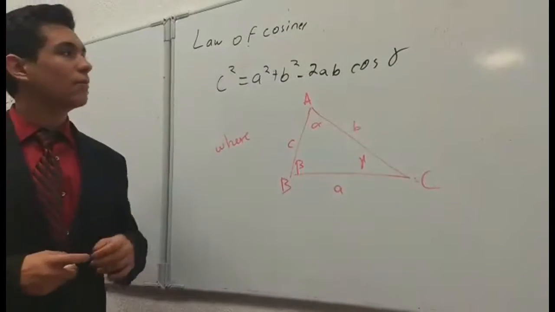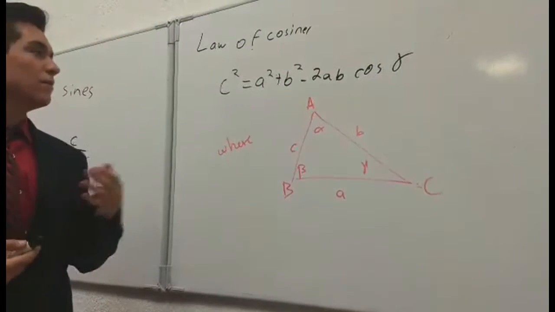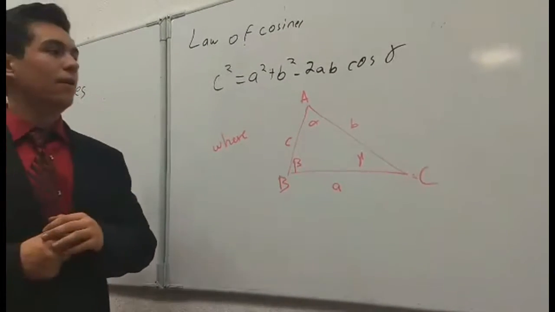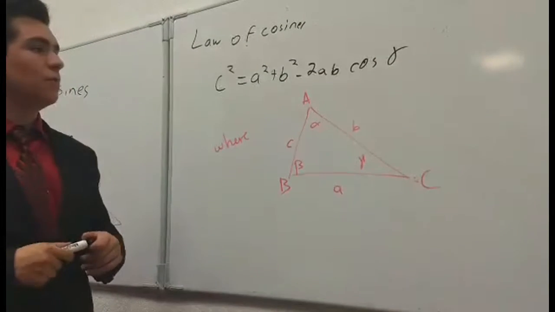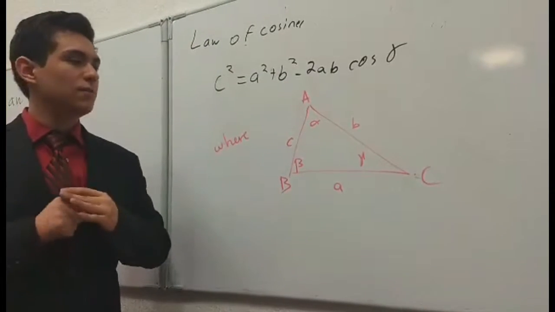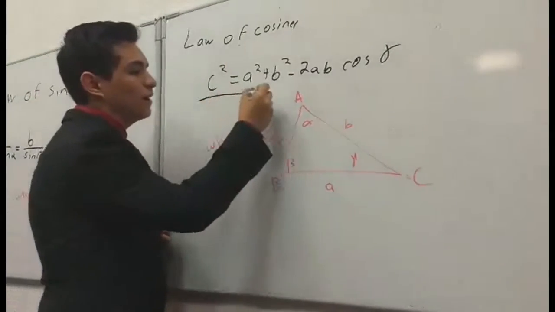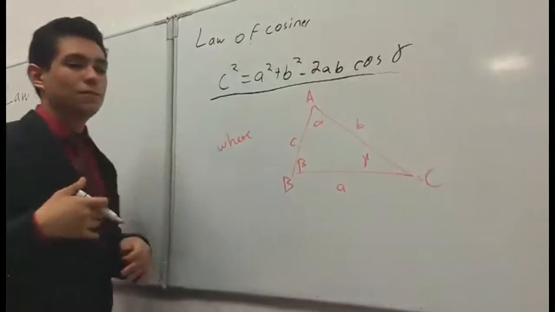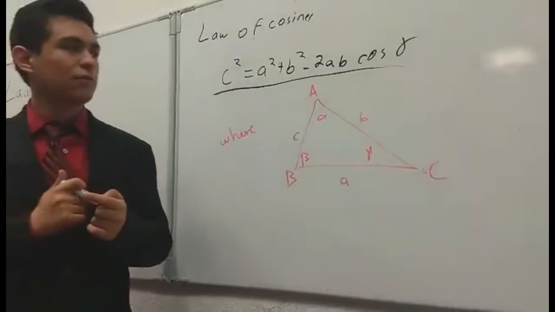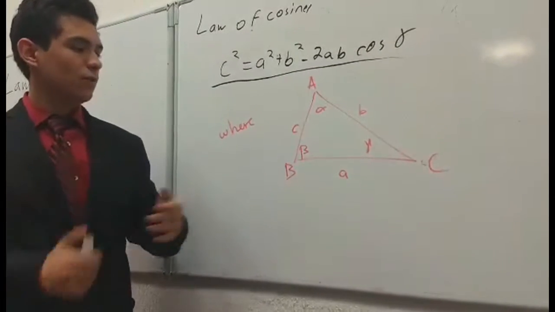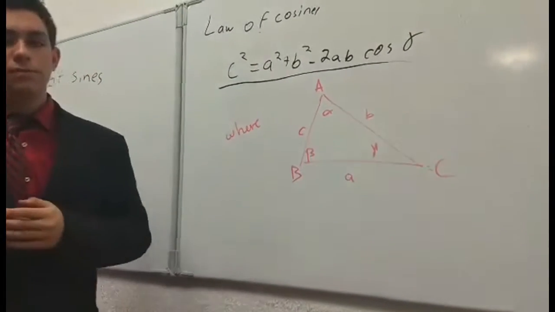We also have the law of cosines. The law of cosines is pretty similar to the other one. It establishes again a relationship between the angles and the sides, but in this case we can understand this whole thing as a generalized type of Pythagoras theorem in order to solve this triangle.